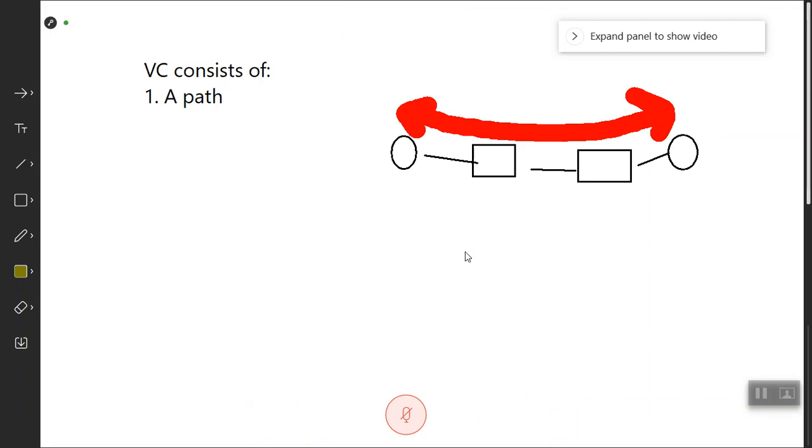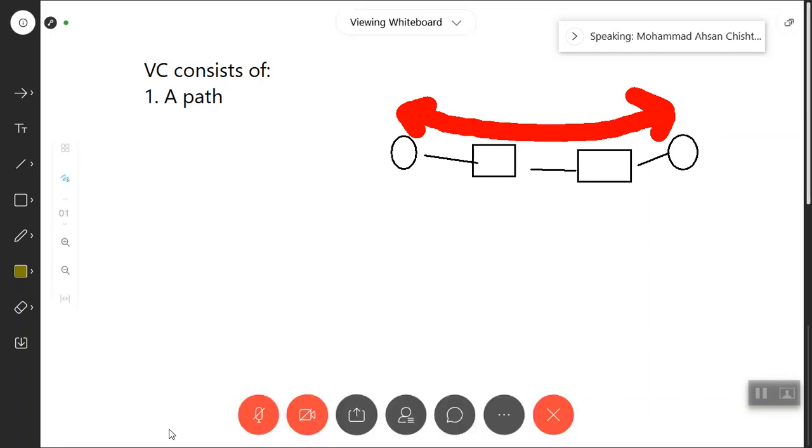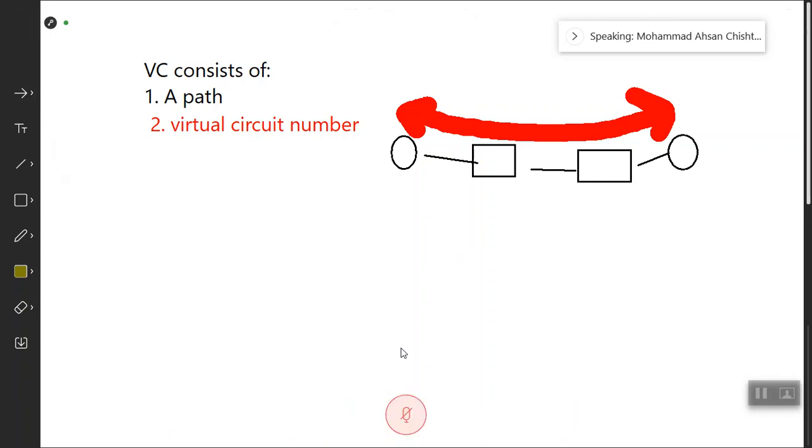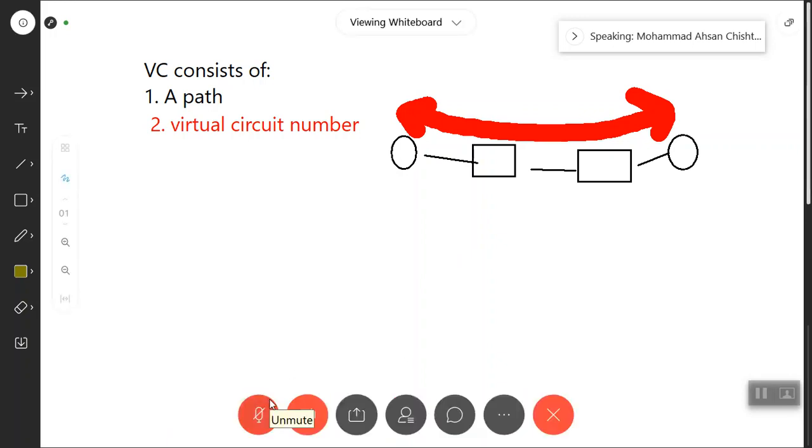Number two, we need a virtual circuit number. And what is a virtual circuit number? There is a number for each link along a path. I would redraw a figure here that we had previously drawn. Or let me write the third one also.